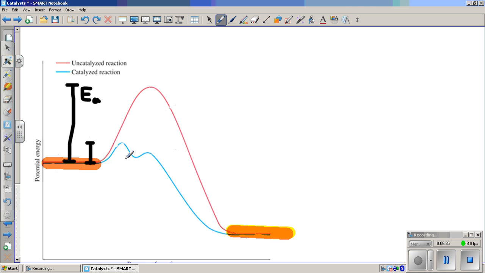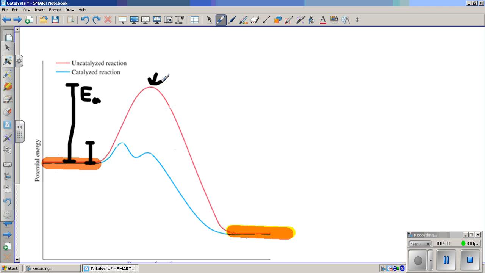Now, you also may have noticed something strange about the blue one, in that there are two humps on this one instead of just one. And maybe you see why, maybe you're not seeing why, but take a look again at the reactions. Remember, the uncatalyzed reaction happened in one step. So right here is where the two H2O2s collided.